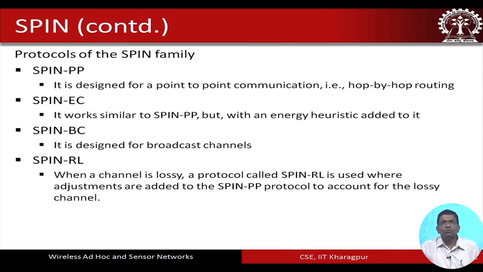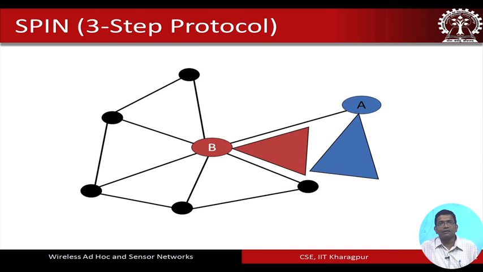So, I am not going to go through them here in further detail. It is for you to go through the different protocols. The different features of these different SPIN class of protocols are given over here, and they are very simple to understand.